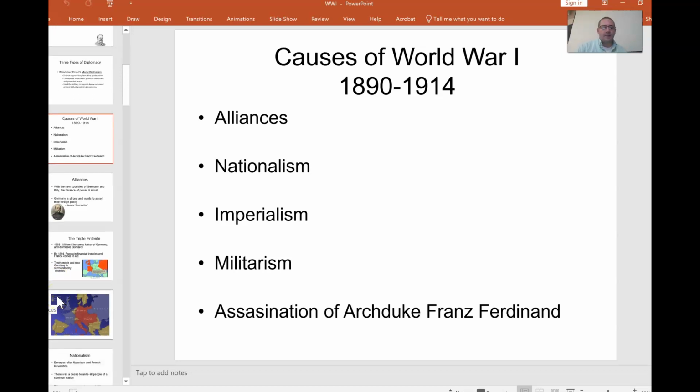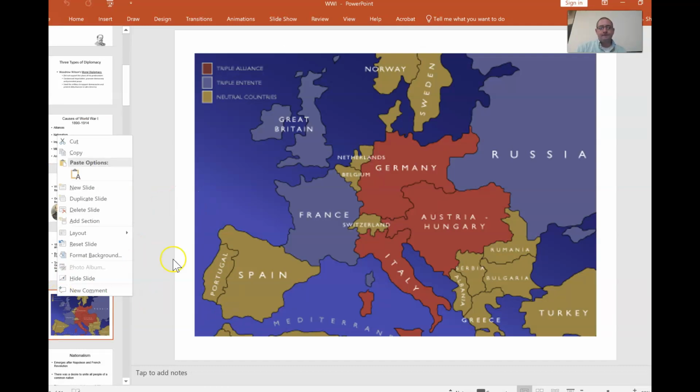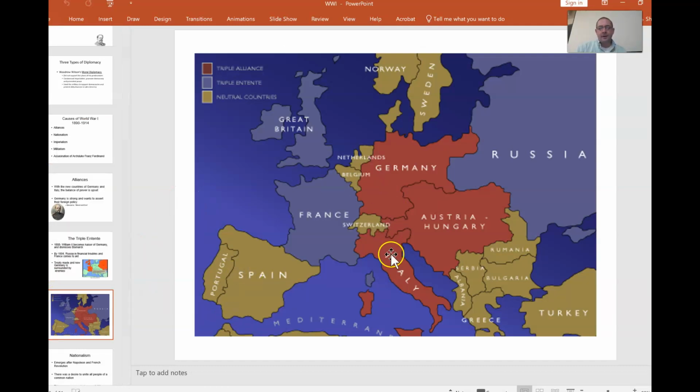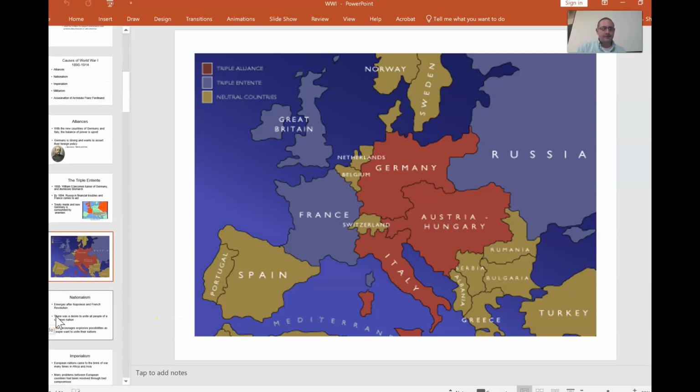And that's what this map is going to show you here. Italy is at first part of the Triple Alliance, and then obviously they get removed, and then the Ottoman Empire joins.